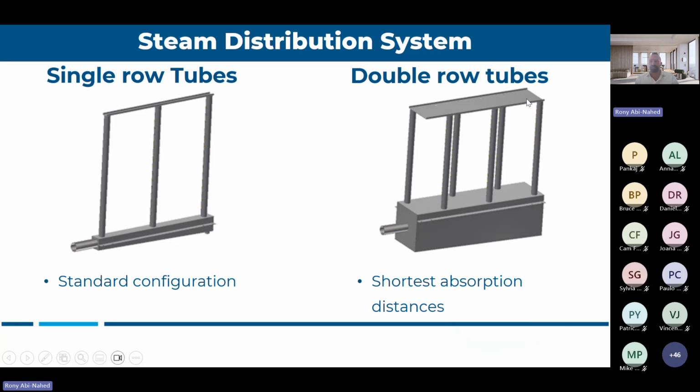So let's say you have 4 feet. That's perfect. You don't need a lot of tubes. But let's say you have only 8 inches, or 1 foot, or even sometimes 6 inches. The only way for any manufacturer to give you that low of an absorption distance is by adding more tubes. That's why you may see double row tubing. We add more tubes to shrink the absorption distance and make you fit inside your design.